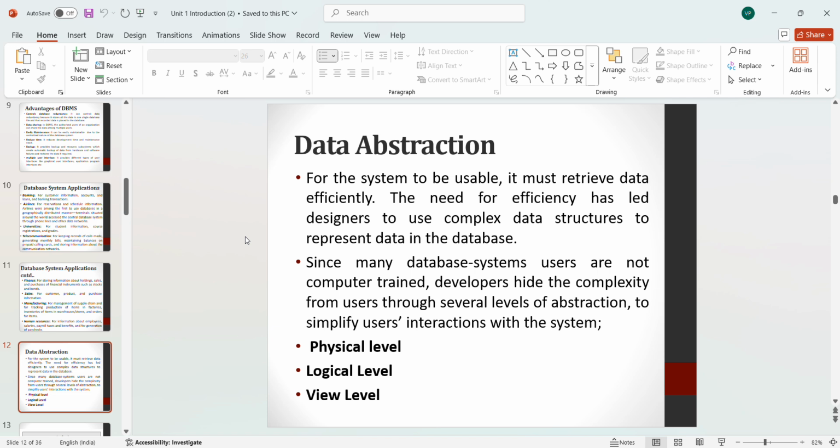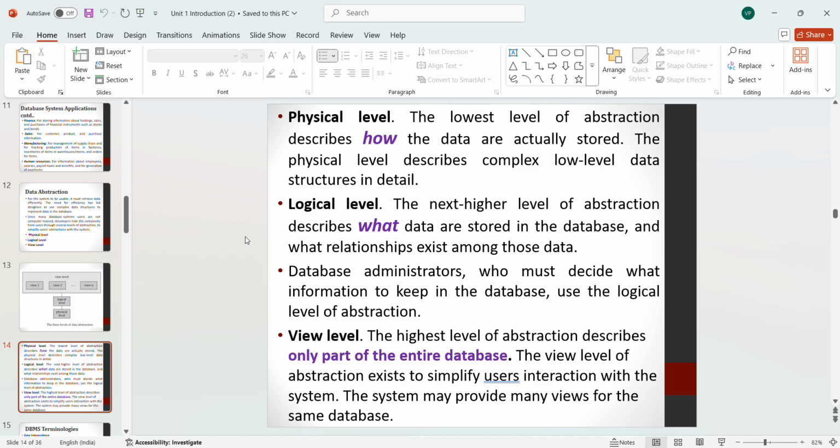Data abstraction. For the system to be usable, it must retrieve data efficiently. The need for efficiency has led designers to use complex data structures to represent the data in the database. Since many database system users are not computer trained, developers hide the complexity from the users through several levels of abstraction to simplify users' interactions with the system. We have three levels of abstraction: physical level, logical level, and view level.